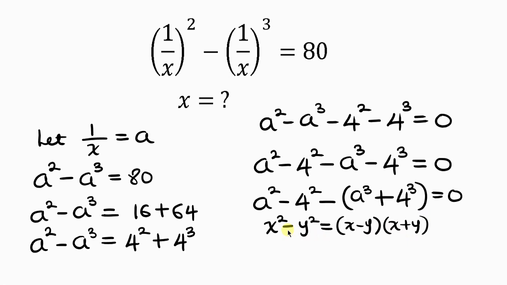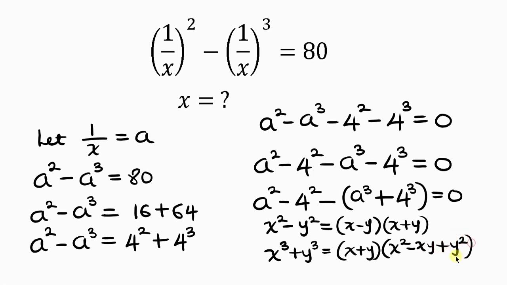Then what about the sum of two cubes? For sum of two cubes, let's say when I have x cubed plus y cubed, this is the same as x plus y times x squared minus xy plus y squared.